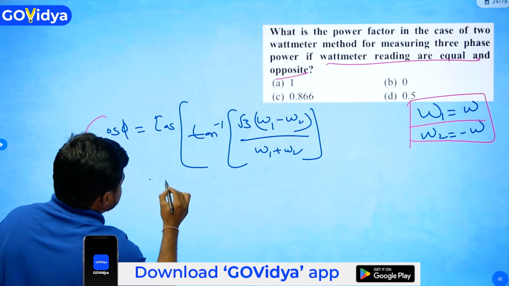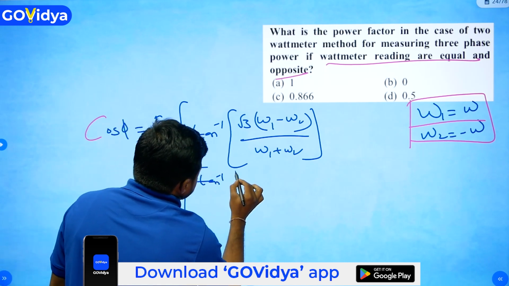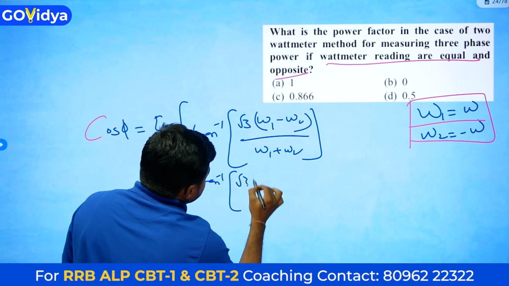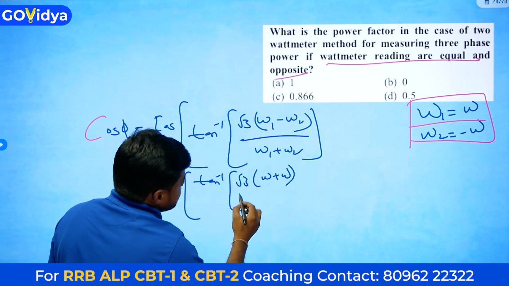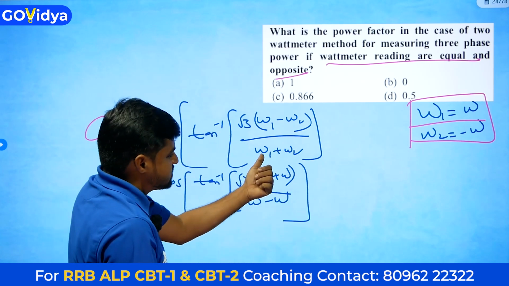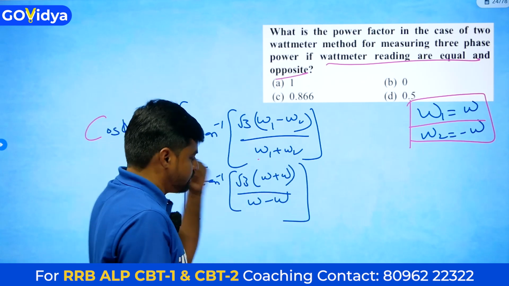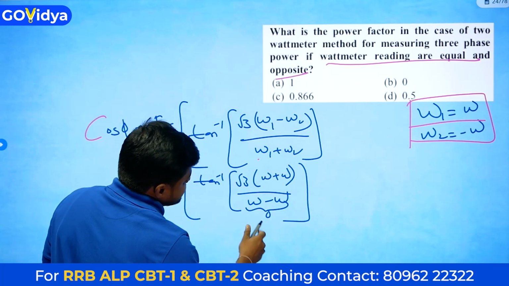Cos of tan inverse root 3 times (W minus of minus W), which is 2W, by (W minus W). W1 is W and W2 is minus W. W minus W is equal to 0. 1 by 0 is equal to infinity.